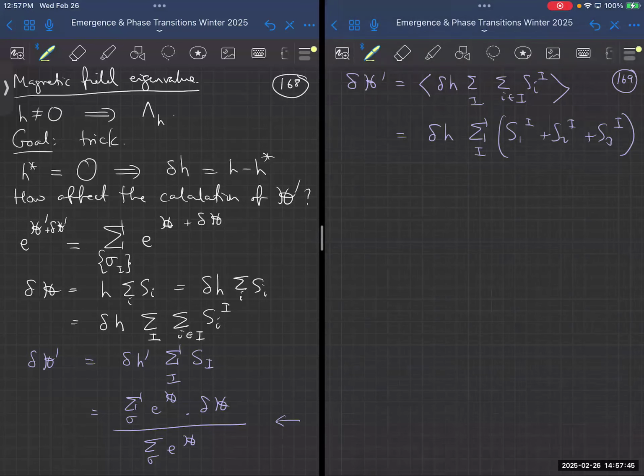That's just the sum over the spins in that block. I want to put an expectation value around it.